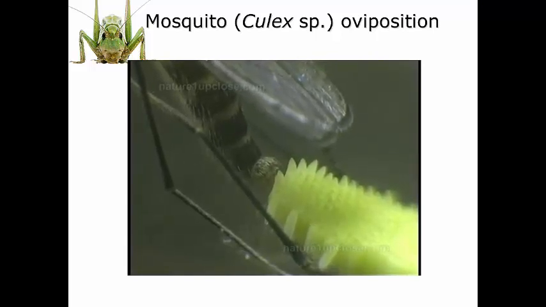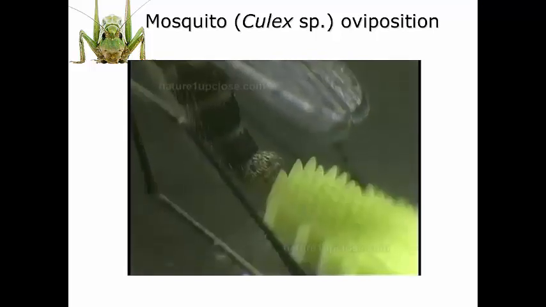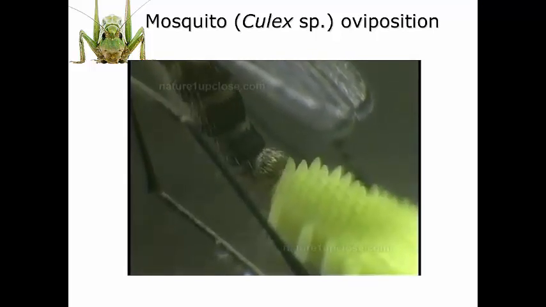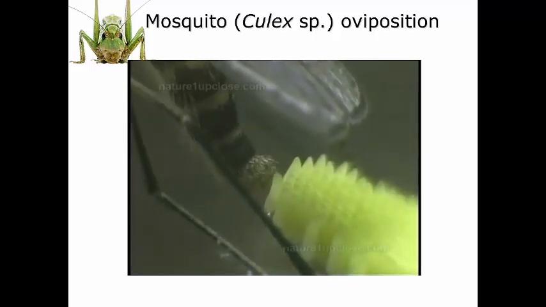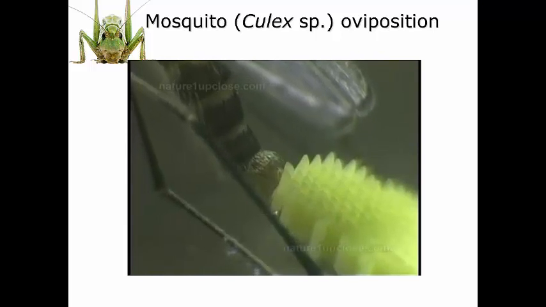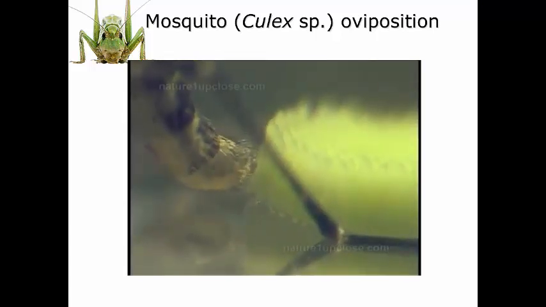So this ovipositor is coming out of this last segment of the insect abdomen. Let's just watch this for a minute. It's so cool. So here's this close-up along the side.